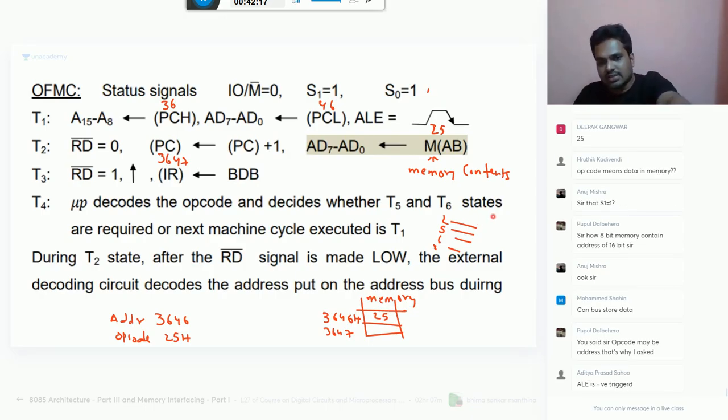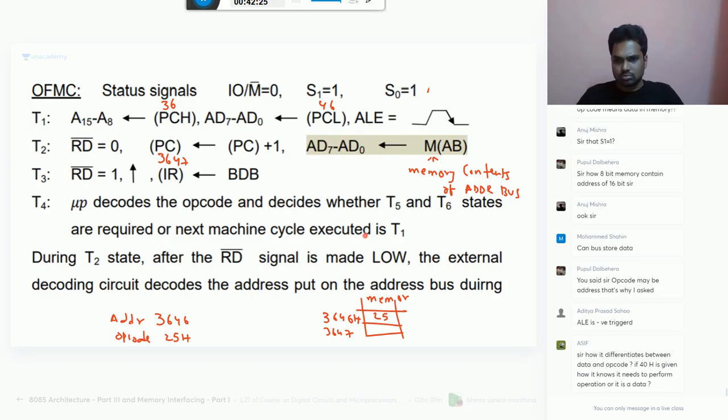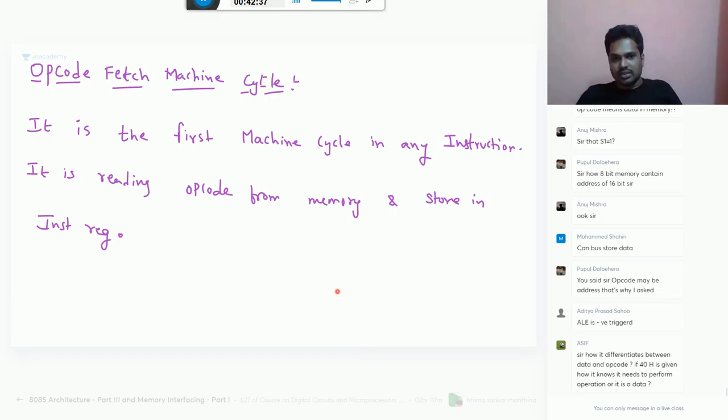No, opcode is not address. I am saying memory can contain anything. Yes, good question, Asif. I will tell you. Please listen. When the computer starts any instruction, I told you, please listen carefully, it is the first machine cycle in any instruction.